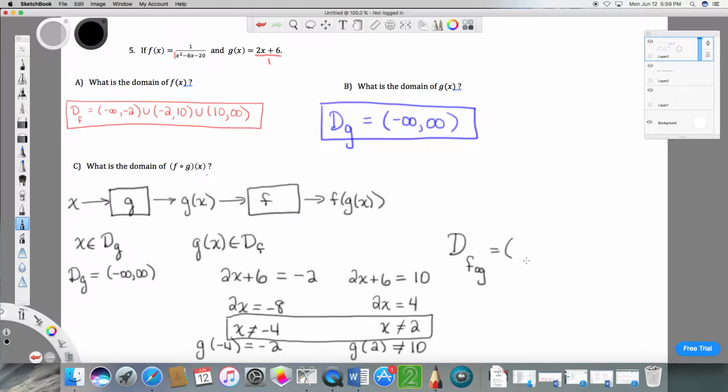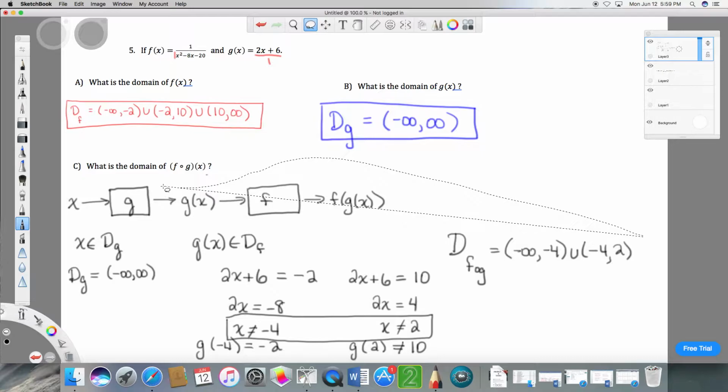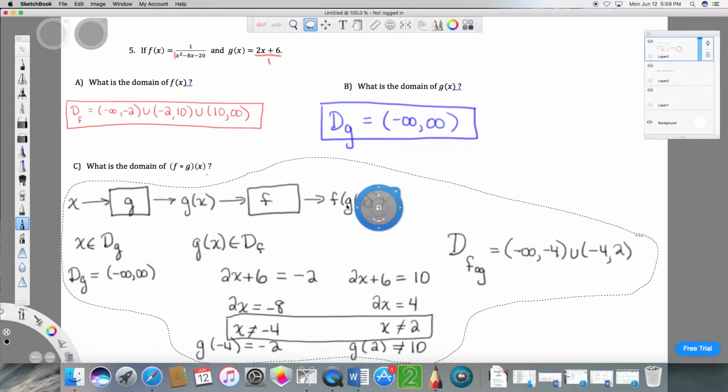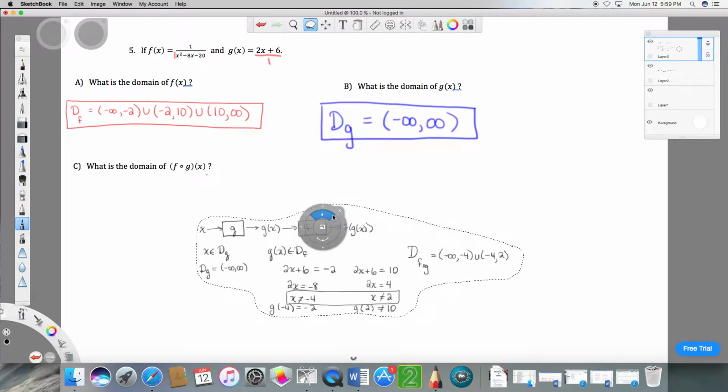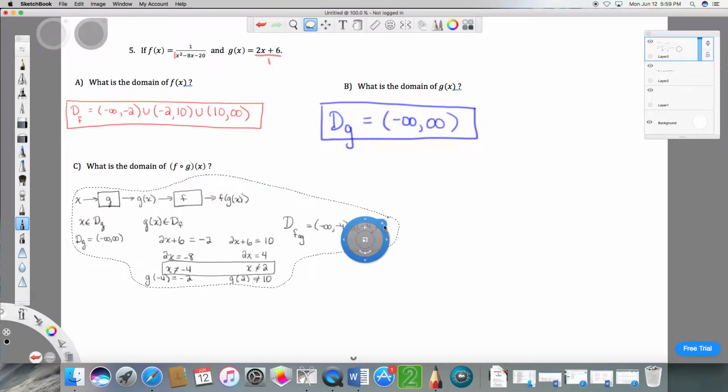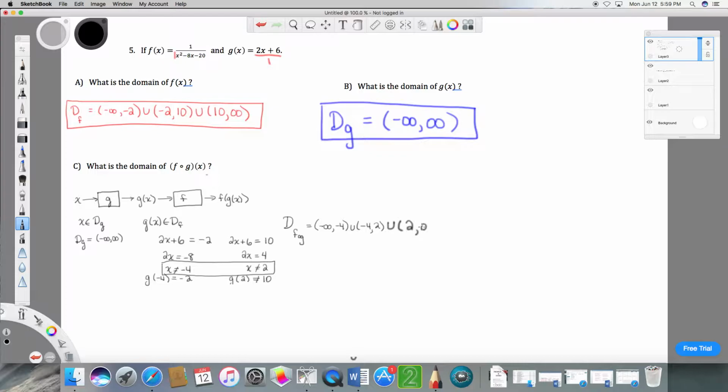And writing that in interval notation: from -infinity up to -4, excluding -4, all the way up to 2, excluding 2, and then going to infinity.